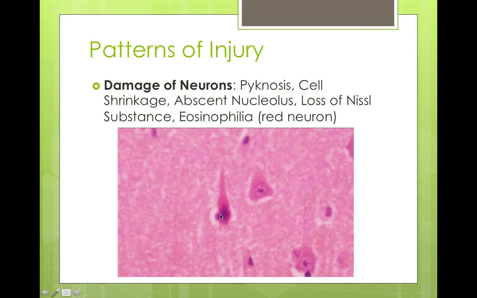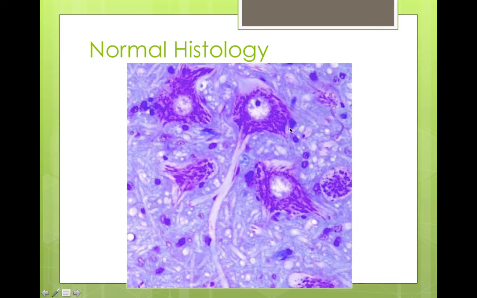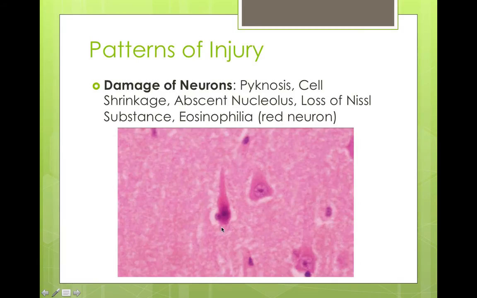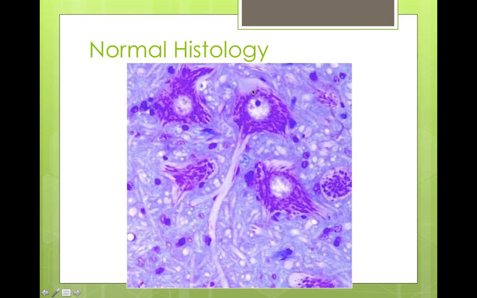Remember how well you saw the nucleolus? There's no nucleolus here. There is loss of Nissl substance. Remember how well you saw the Nissl substance, all those purple patches? They're not here anymore. No Nissl substance. And there's an extreme eosinophilia of the cytoplasm. In a normal one, it's not that eosinophilic.